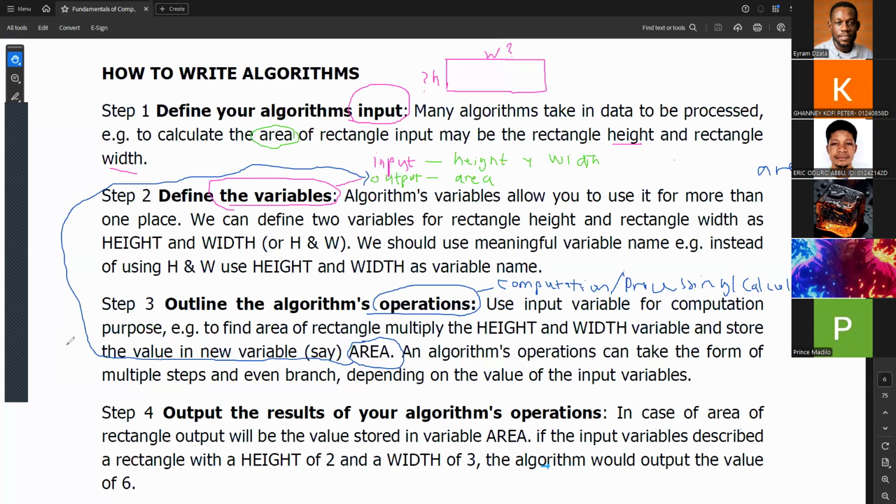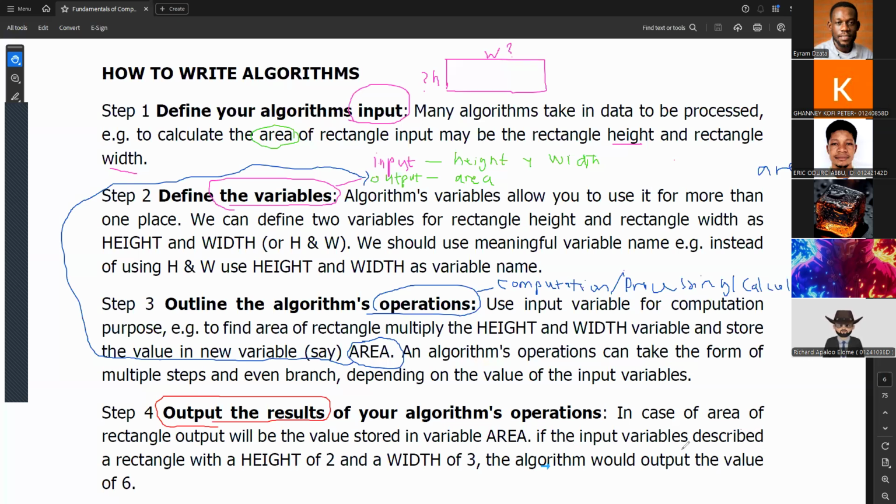Then finally, as step 4, you output the results of your algorithm's operation. In this case, the area of the rectangle output will be the value stored in the variable area.